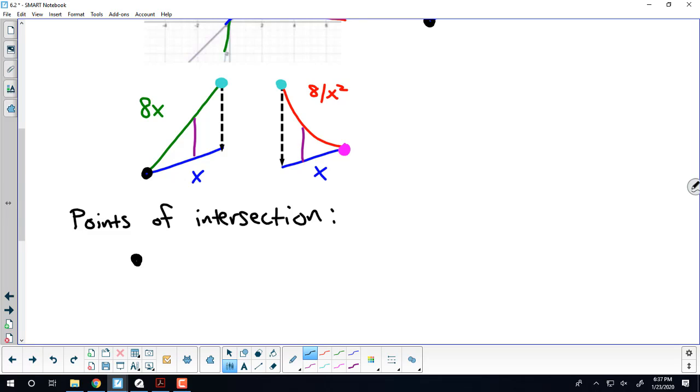So this point of intersection here, we said looks like it's at the origin, but we can just verify. It's when 8x is equal to x, or when 7x is equal to 0, or when x is equal to 0.